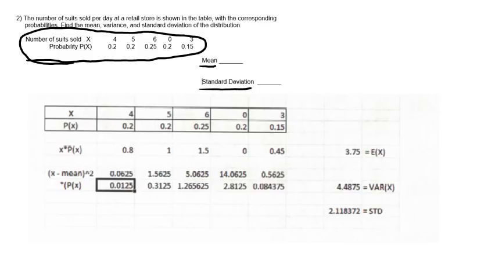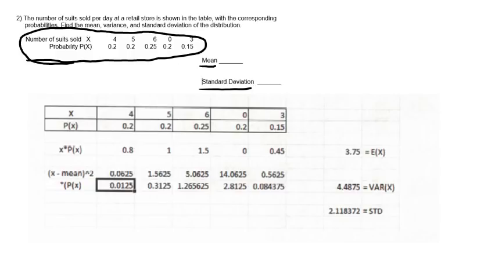When you're given a probability distribution, to calculate the mean, you must multiply each outcome by its associated probability. So each outcome is being multiplied by its respective probability. So you do the math, right?